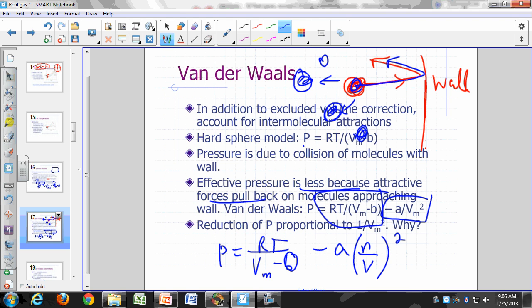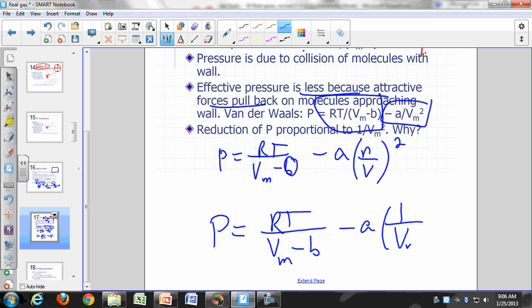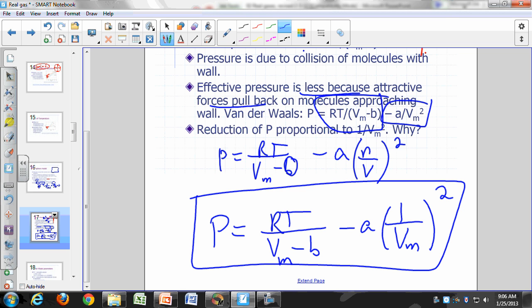So this is your van der Waals equation. So you can rewrite this as P equals RT over molar volume minus B minus A. But N over V is just 1 over molar volume. Okay, so 1 over V sub M squared. Right, so this equation right here that tries to account for attractive and repulsive forces is known as the van der Waals equation.